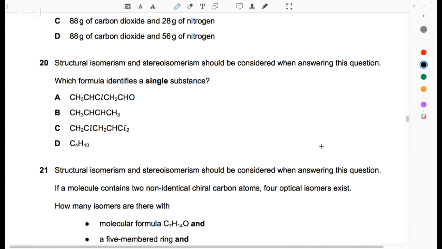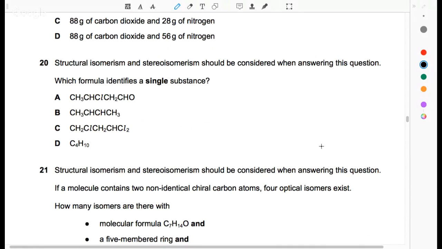The reason is that it's listed as a structural formula. So the only difference between B and C is that one will not have a stereoisomer, but the other two will. So what types of stereoisomers have you covered? Optical isomer and also geometric.